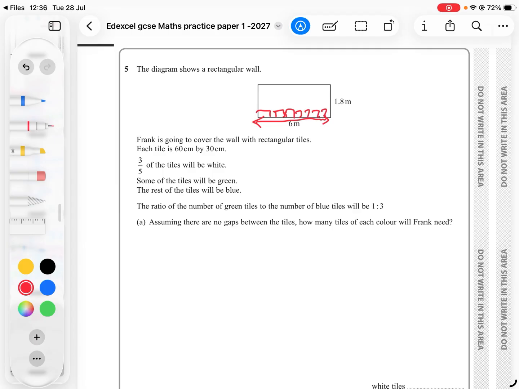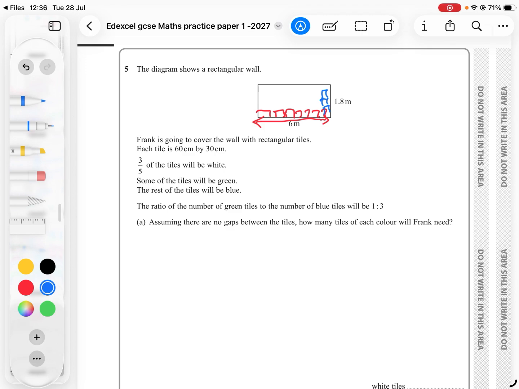Then find the number of tiles that can be arranged along the height of the wall.